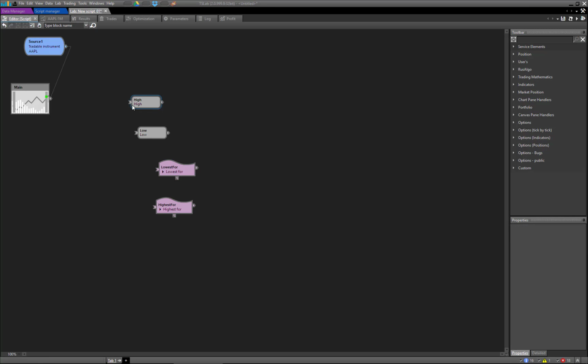It depends on what they are connected to. In our script, we connect them to the highest and lowest values of the candles.